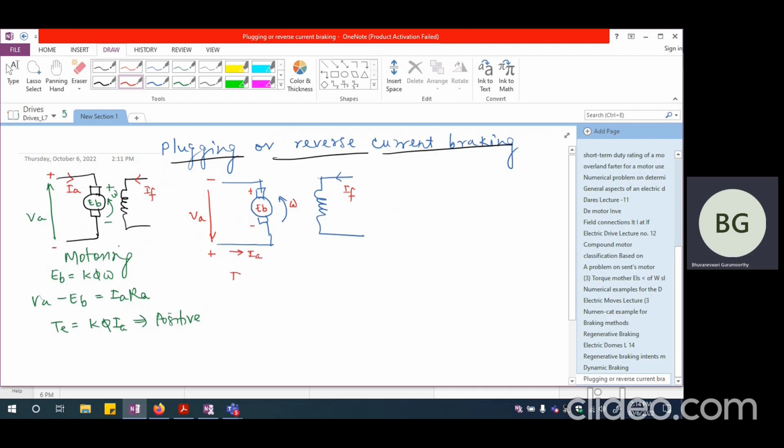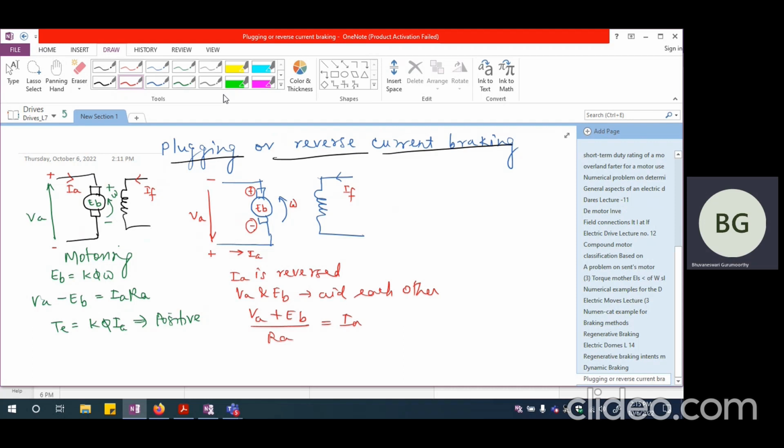So IA is reversed. What is more, VA and EB both are aiding each other. This is minus, this is plus, this is minus, and this is plus. So you are going to see that VA and EB aid each other. So we are going to have VA plus EB divided by RA is going to be IA.